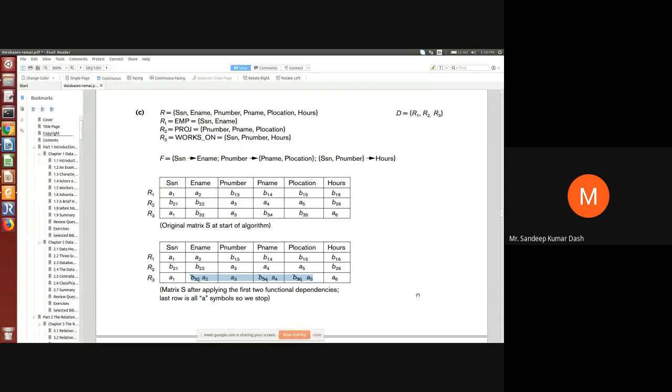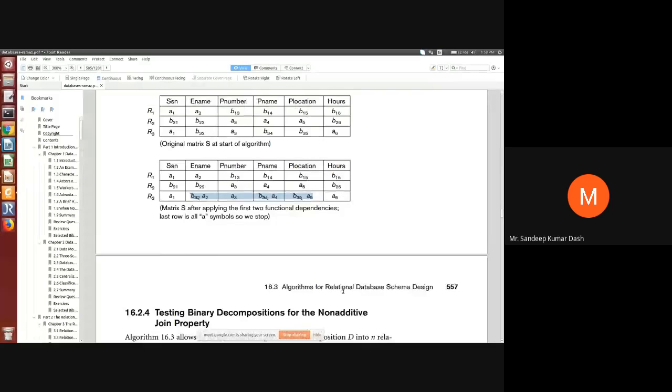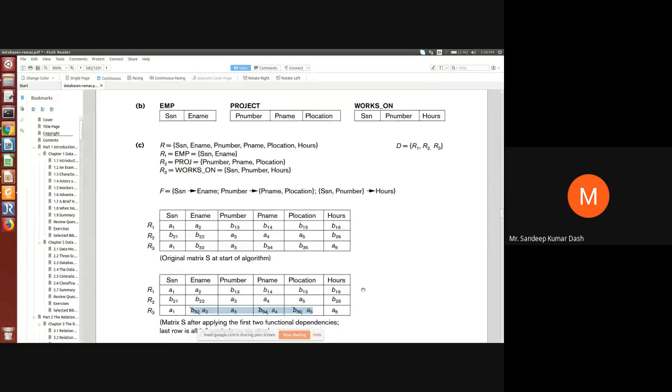Fine. This was your algorithm for testing whether your divisions are proper or not, whether it is having any additive join or not. Again, I am repeating: whenever a relation is given and you have to divide it into a set of relations, say R1, R2, R3, build a table with column names same as the attribute names of the relation.